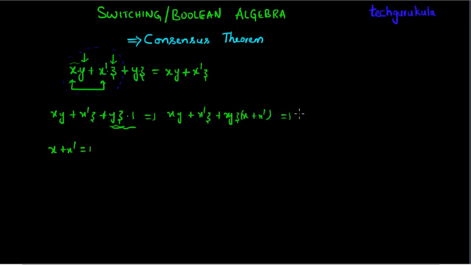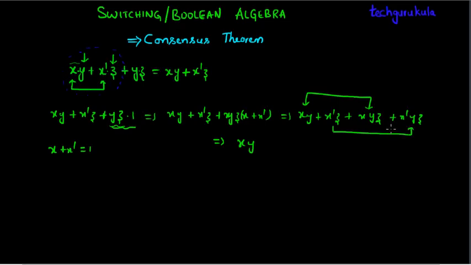So we can rewrite this as xy plus x bar z plus xyz plus x bar yz. Now take the terms which have something common in them: xy plus xyz, plus x bar z plus x bar yz.